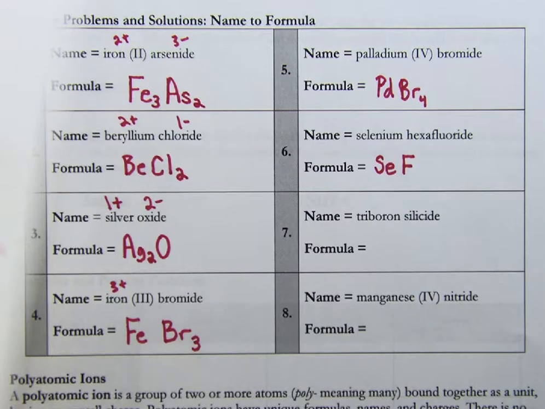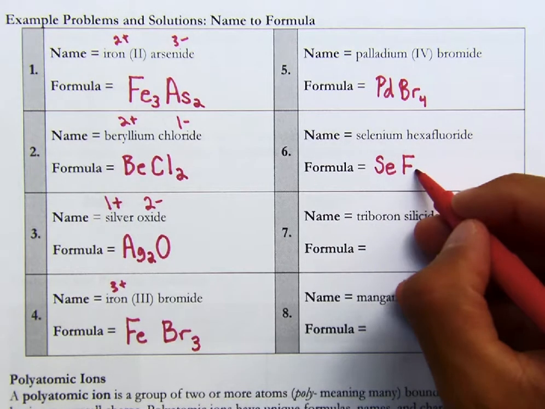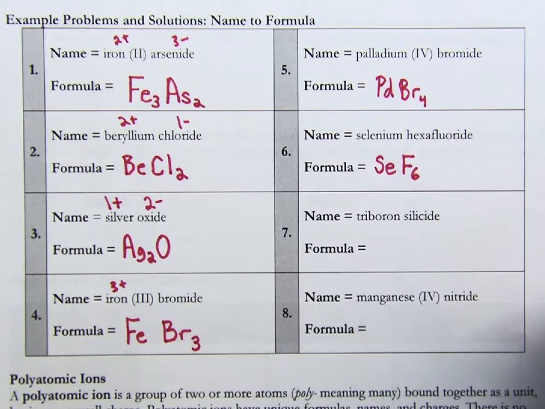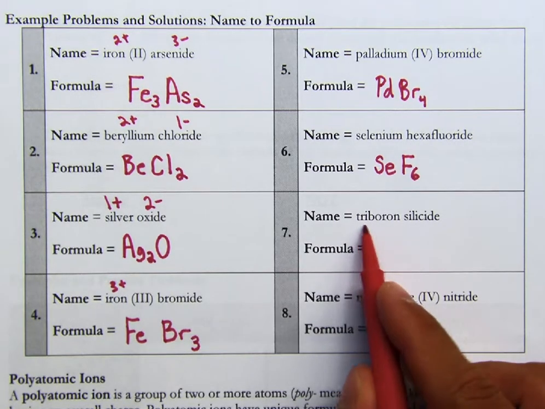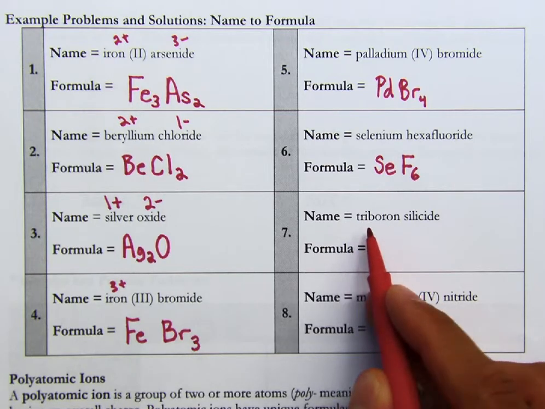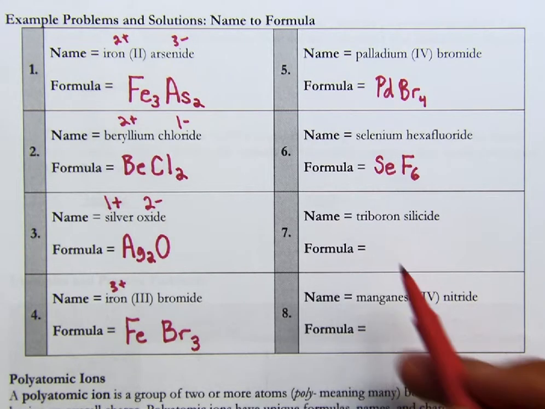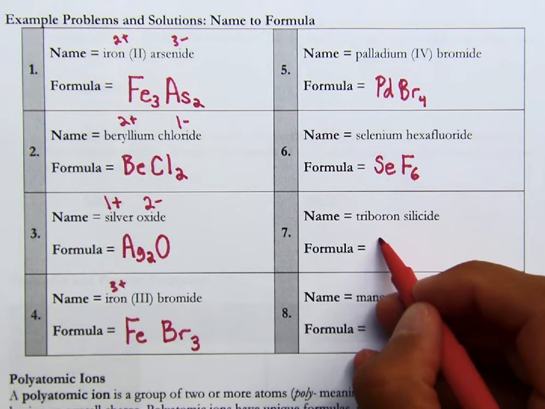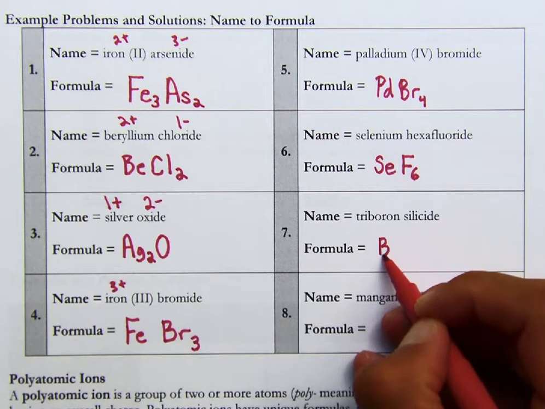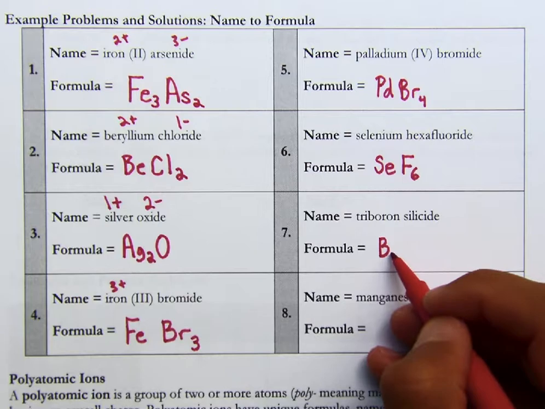So 6 fluorines. There it is. Next one, triboron. Tri, you can see that's a type 3. Tri is 3. So boron is B. If it's triboron, that means there's 3 of them.